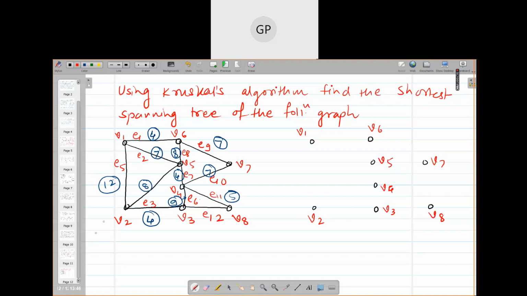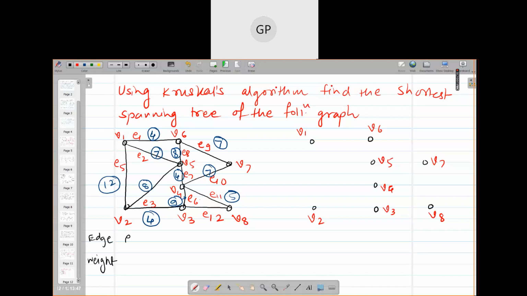So here I'm writing edge and weight, as we are given the names. Otherwise you can just write the weights, but if in the exam the names of the edges are not given, then you can take your own names, as per your convenience.